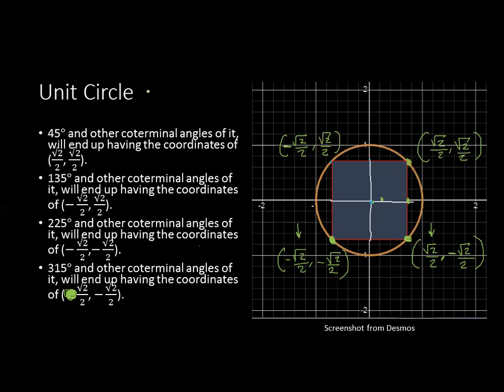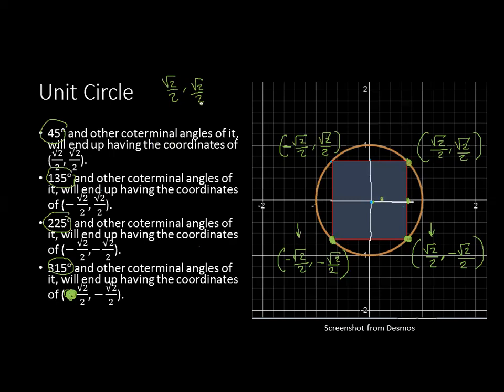Also, I would like to share a technique. If you see angles like 45 degrees, 135 degrees, 225 degrees, and 315 degrees, expect that you will have the coordinates of square root of 2 all over 2. But the signs may differ, and it depends on their quadrants.